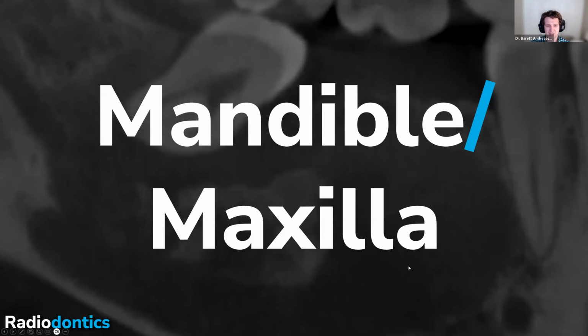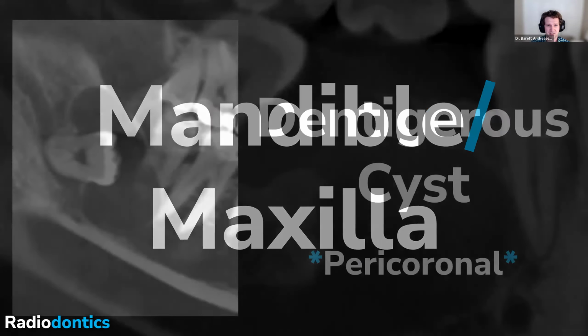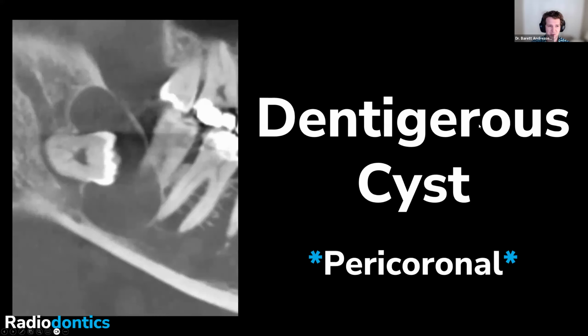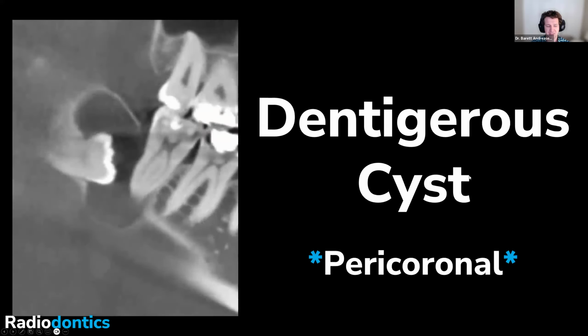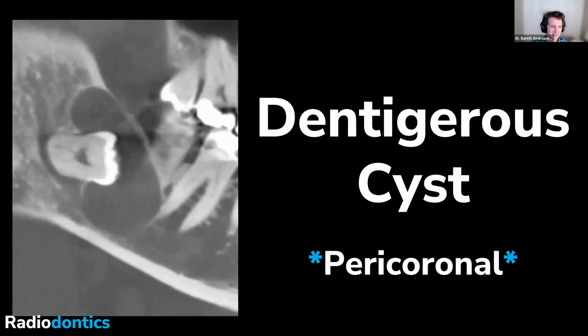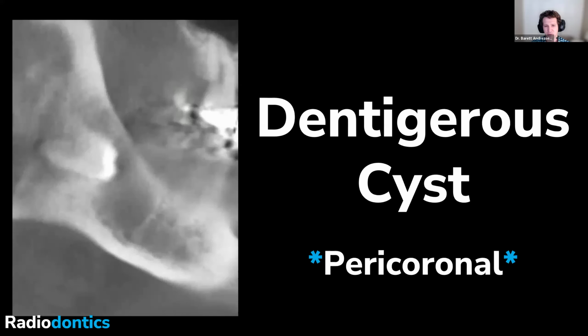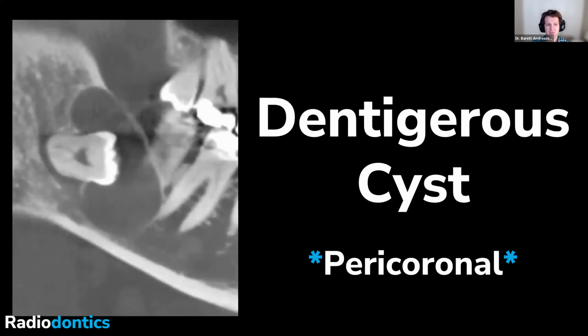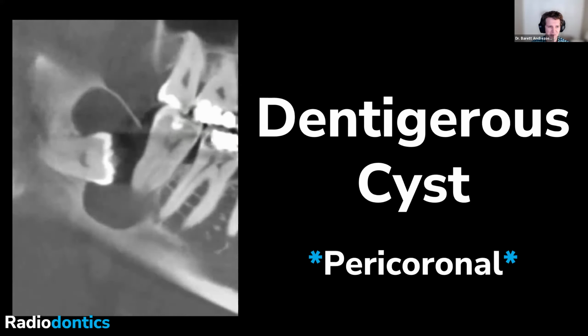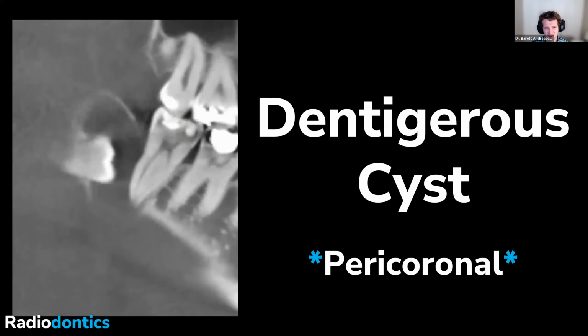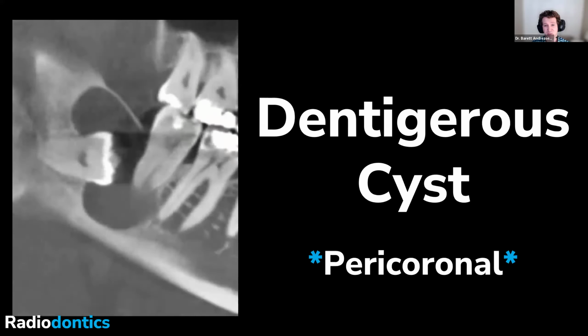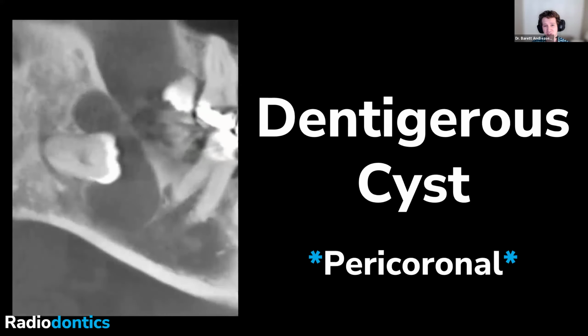So let's go ahead and talk about some more common findings in the mandible and maxilla specifically. There's lots of different cysts, neoplasms, and tumors that might arise in the mandible and maxilla. It's not really important for you as a dentist to know exactly what the name is of whatever radiolucency you're dealing with. What's important for you is to find it. So we'll just go through these pretty quickly.